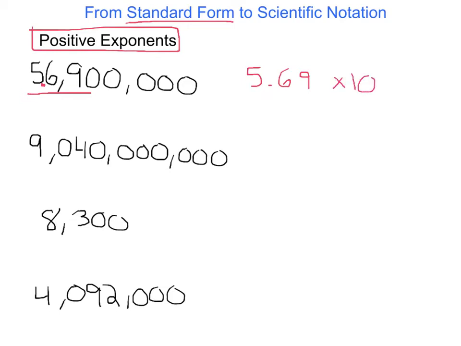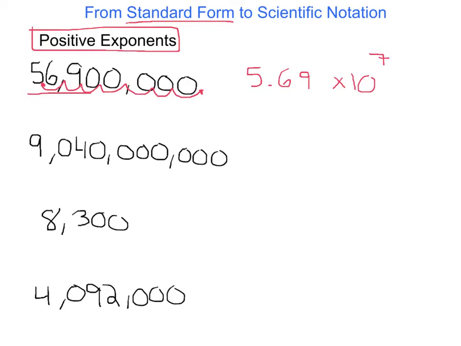Now we just have to figure out the exponent. The exponent is how many times that we have to move the decimal. Well, the decimal technically starts here, and we moved it in between the 5 and the 6. So how many times did we have to move the decimal? 1, 2, 3, 4, 5, 6, 7. We had to move it 7 times, so our exponent is 7.